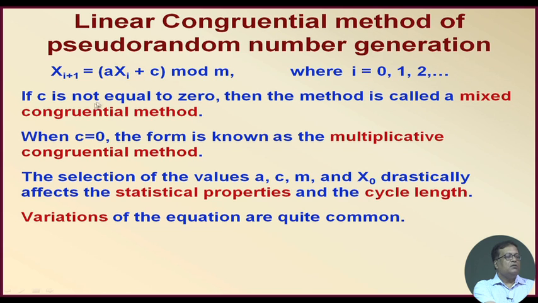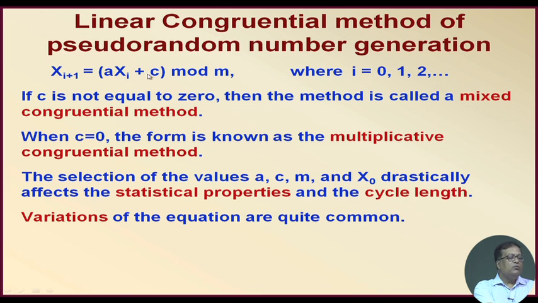If C is not equal to 0, then the method is called a mixed congruential method, right. What is a mixed congruential method? Where C has a distinct value and a, x0 and m also have distinct values. That is called a mixed congruential method.